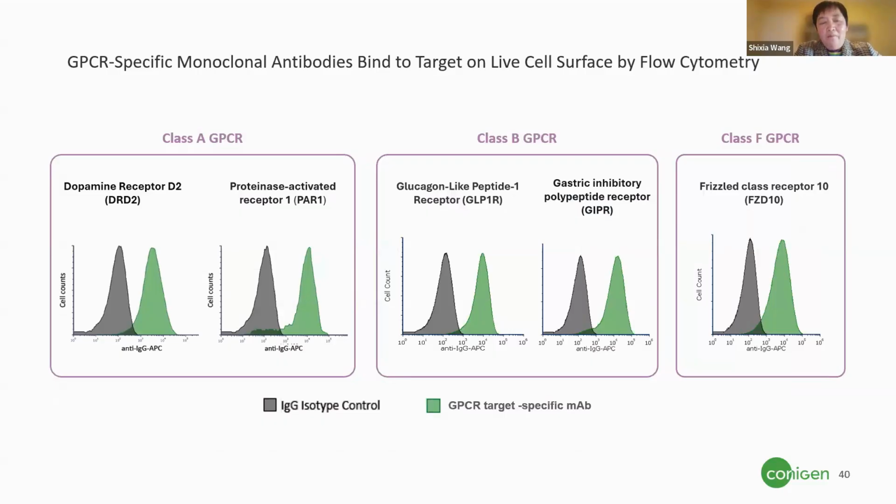These targets are important therapeutic targets, DRD2, PAR1, GLP1R, GIPR, and FZD10. So in conclusion, Conigen's proprietary immunization platforms are very efficient to generate antibodies in mice against those very challenging targets.